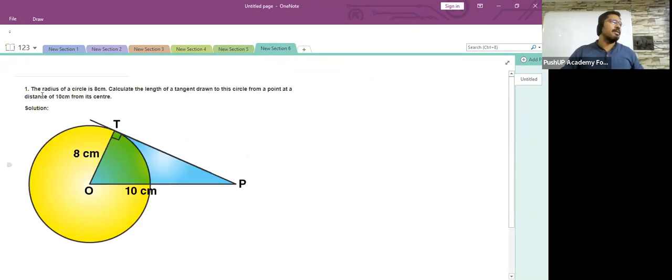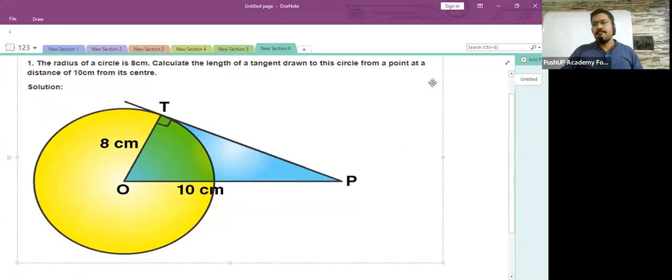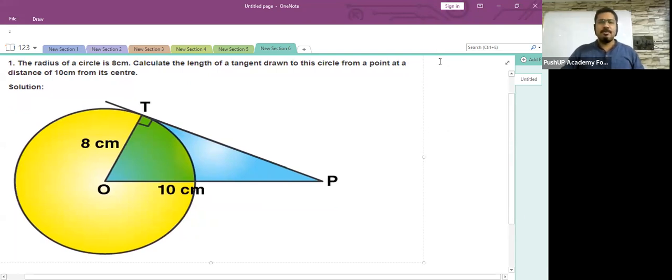First exercise, chapter number 17, first exercise. Children, question number 1. I don't think you will need support from me for solving this sum.